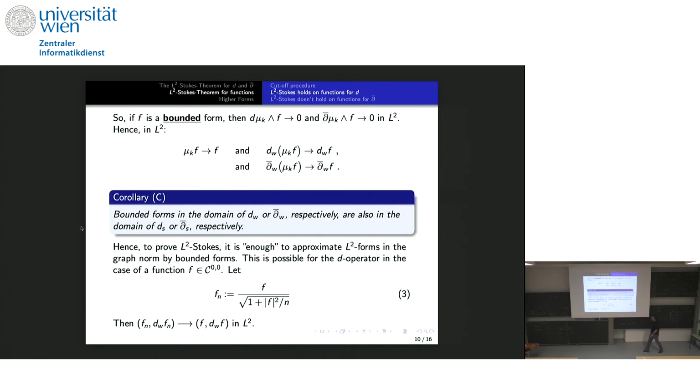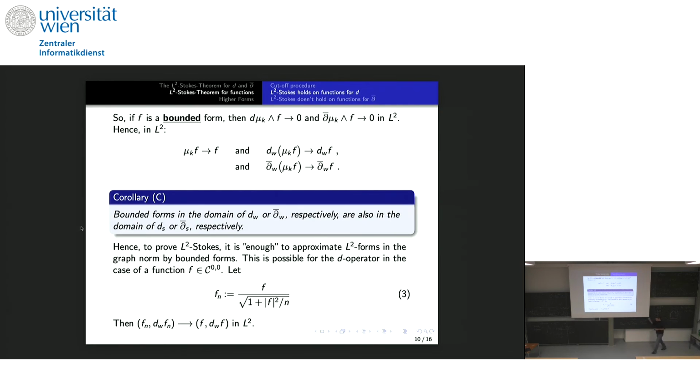If you make the same for d bar of the same thing, then you will have f wedge d bar f, which is fine, but you will also have something f wedge delta f, and if you just know that d bar of f is in L2, but you don't know that delta f is in L2, then you have a problem.